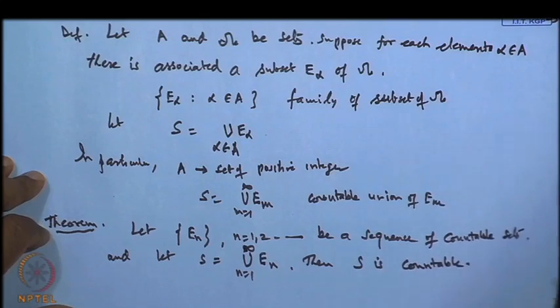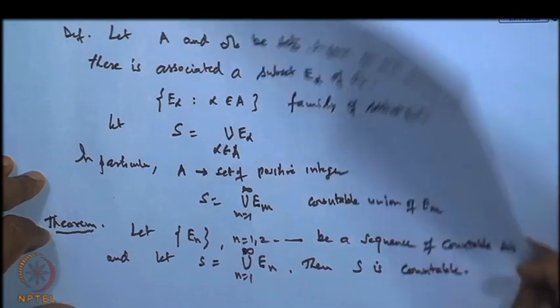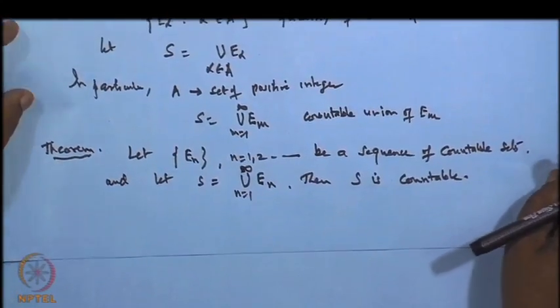Okay. Now, what is E n? E n's are given to be countable, so they can be arranged in the form of a sequence.